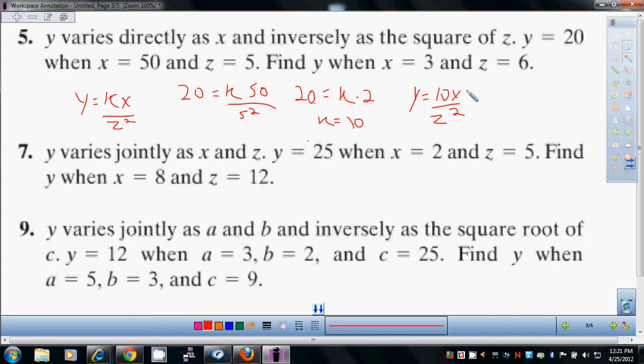The equation will always come from your very first sentence. Jointly simply means multiply directly. So jointly as x and z simply means it's basically just 2 directlies. Oh, z, not y. That's all jointly is. It's just multiple multiplications. You plug everything in on the first step, solve for k, and plug the stuff in on the second step. Boom, you're done.